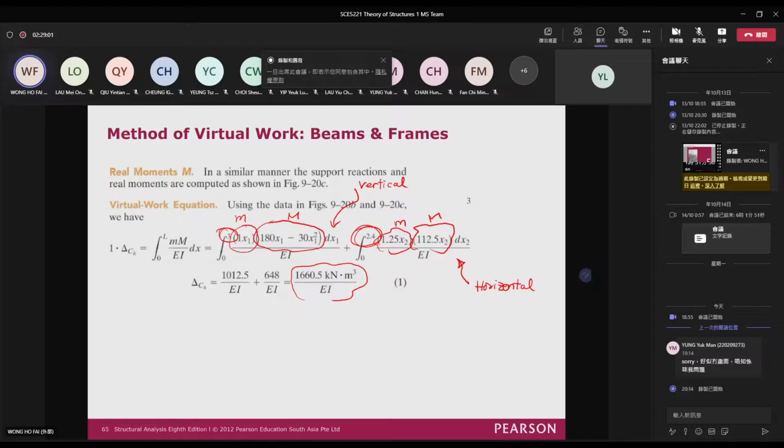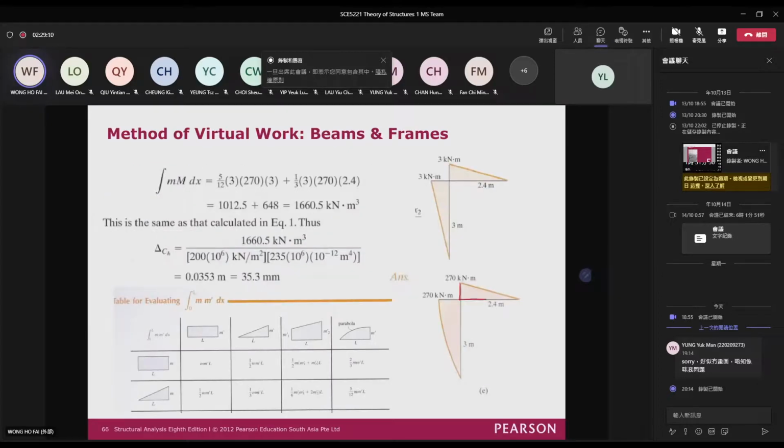If you take a look at the bending moment diagram, you can see that for the real load, there's a triangle here and a parabolic shape here for the vertical member. For the virtual force, both of them are triangles.